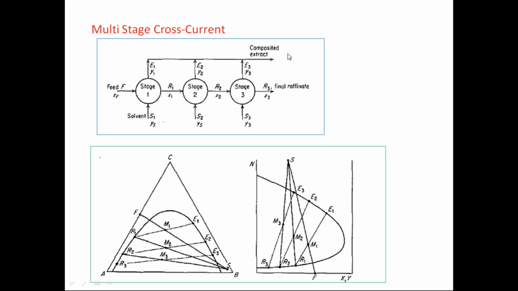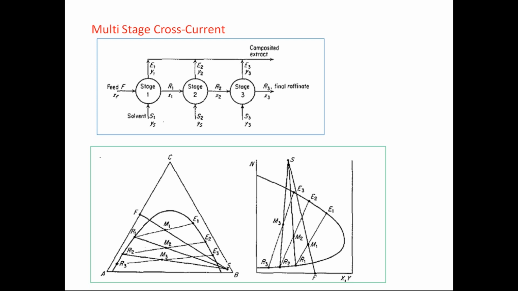Like that, all the extract phases coming from various stages will be collected, and you will have a composited extract in which the percentage of solute will be very high compared to the raffinate, because the raffinate is getting reduced in its concentration stage by stage, and finally it reaches the required desired concentration in the raffinate. That is how the feed will be treated with the solvent.